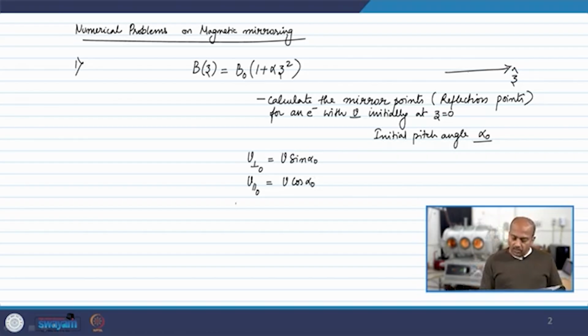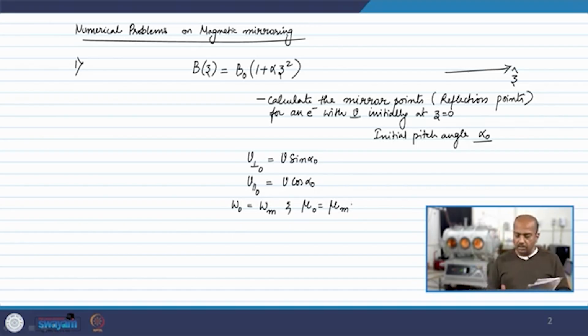Okay. So at the initial point, let us say the initial point is indicated with a subscript of 0. Let us say at the initial point the kinetic energy is Wm and the magnetic moment mu naught is equal to mu m.